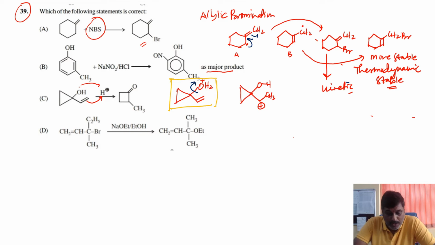Now you see this one, how good this is. First thing, this is a cyclopropyl methyl carbocation. First point, an extraordinarily stable one. Second thing, after the ring expansion, this becomes extraordinary. Just see that this one is expanding.